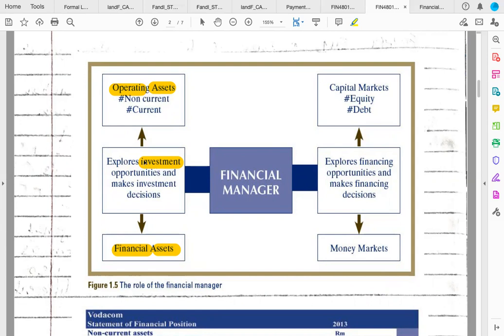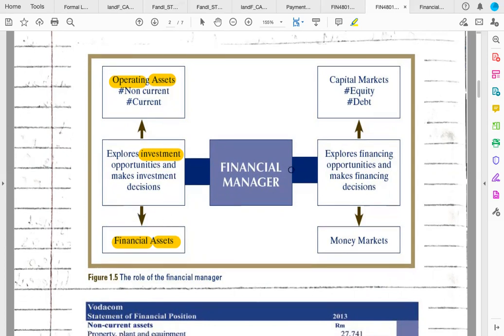So the financial manager has to decide how much non-current assets and which non-current assets to invest in, and which current assets to also invest in. And then likewise, the financial manager also has to decide which financial assets to invest in. Financial assets are investments.